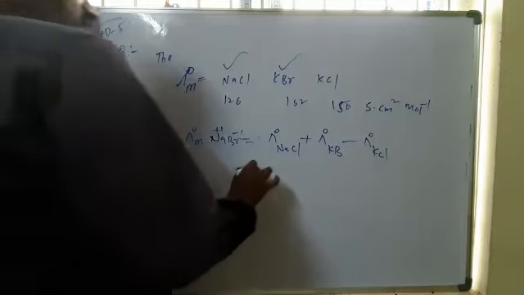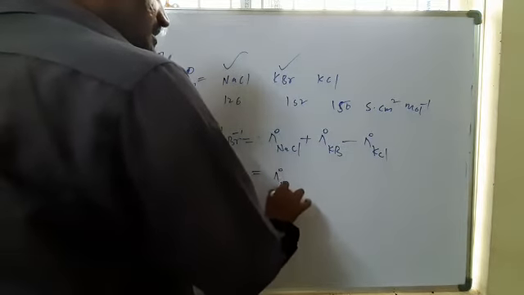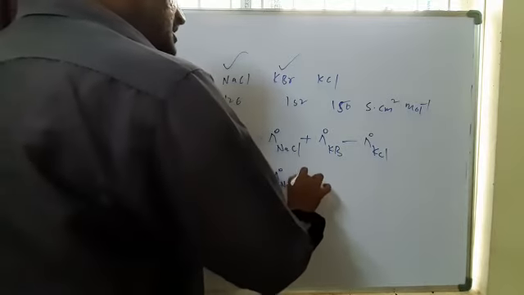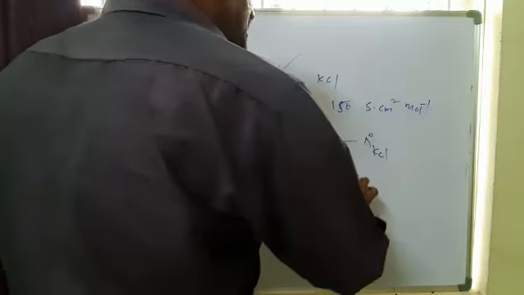of KCl. So if you see that, molar conductivity of Na plus, molar conductivity of Cl minus, plus molar conductivity of K plus, molar conductivity of Br minus, minus molar conductivity of K plus, minus molar conductivity of Cl minus.